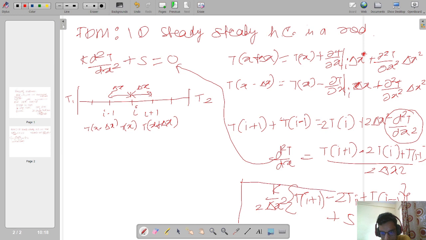So this is the final discretized equation using the finite difference method for this particular problem. What this basically gives us is a relationship between neighboring points, that is i minus 1, i, and i plus 1.